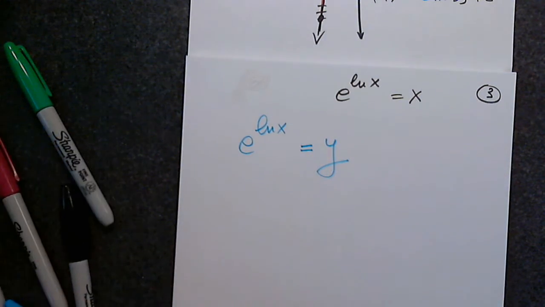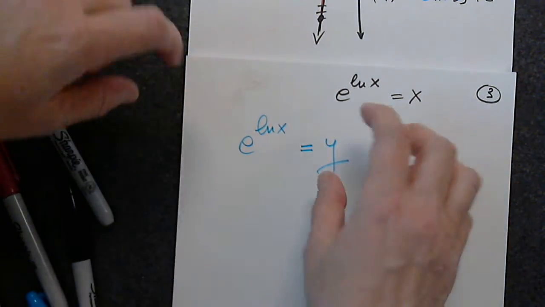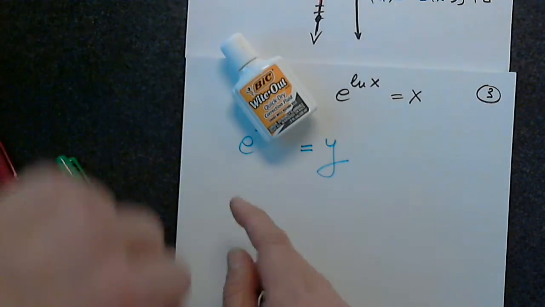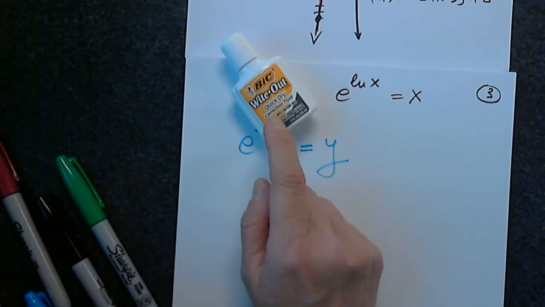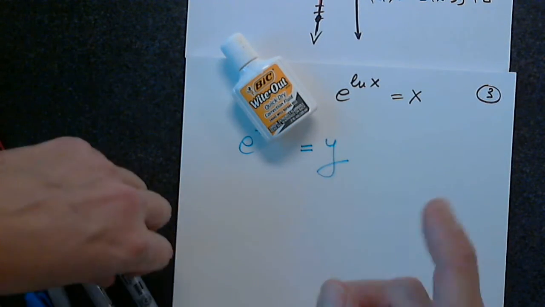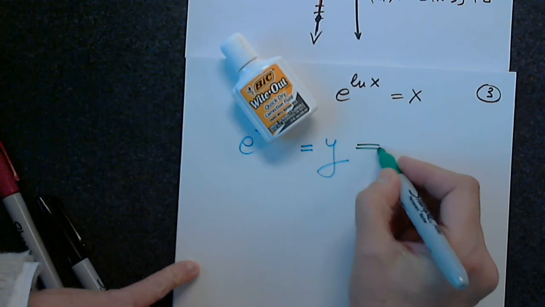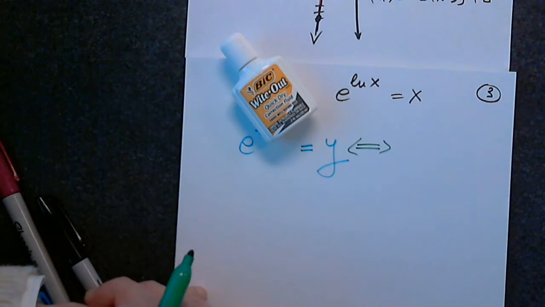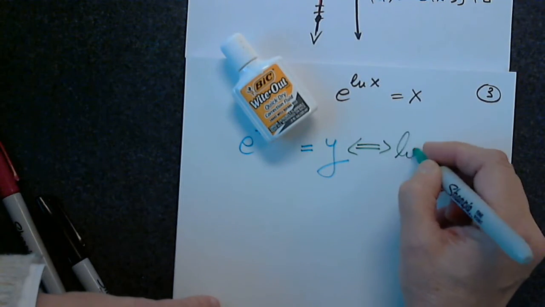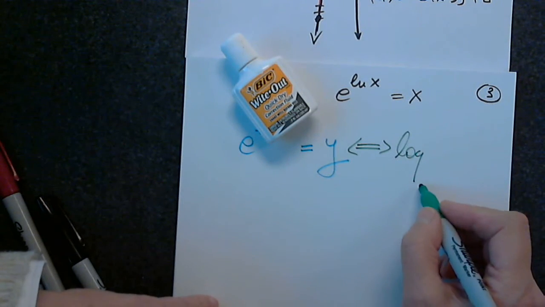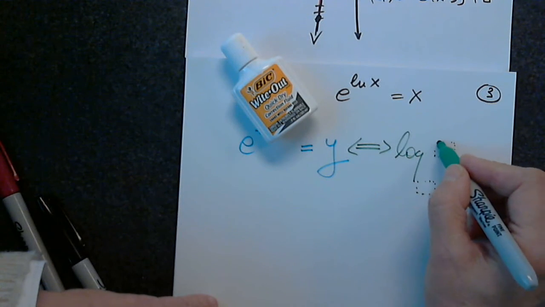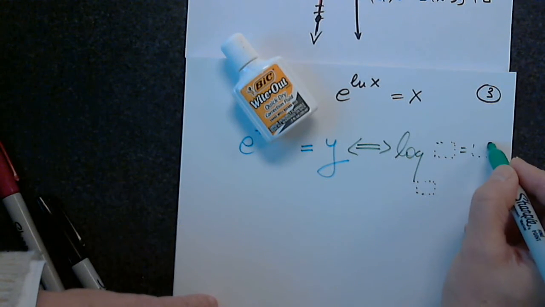So this is an exponential equation: a base raised to some power equals a number. Agreed? Okay. Now I would like us to change this into a log equation, where we have a log with some base of a number equals another number.